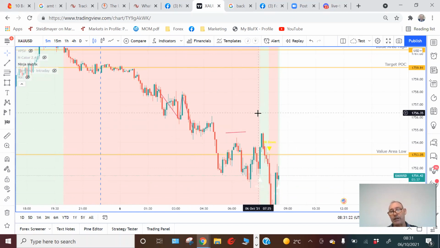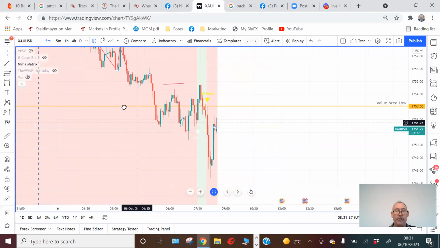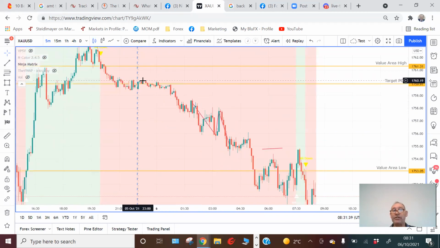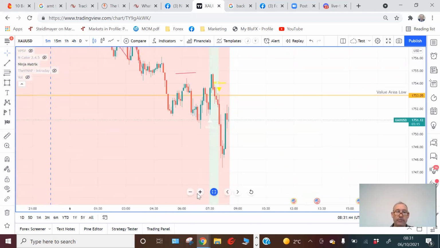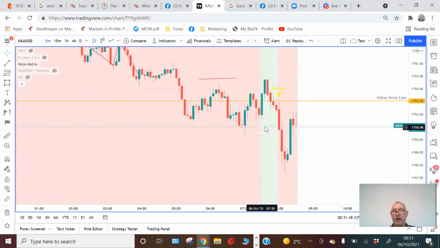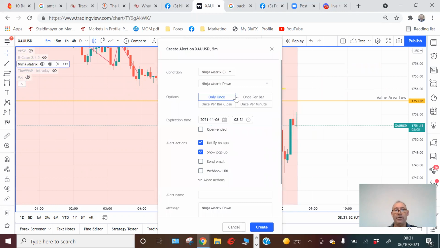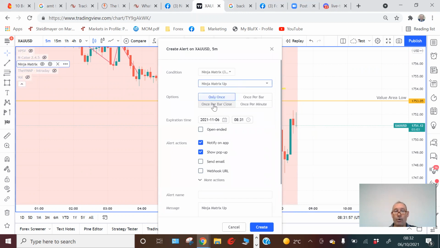I'm using the matrix as when it goes the other way. You get the ping on your phone or computer or tablet or whatever you're using. I look at my phone and I call it exit the trade. So I right click that there. After I've entered the trade for the sell, once it's in a little profit, I set my alert Ninja Matrix up. In this case, it would be once per bar close.